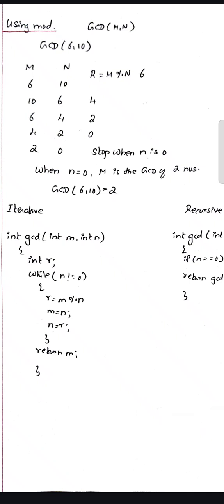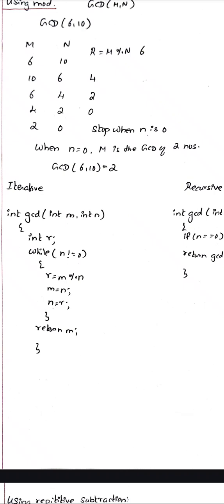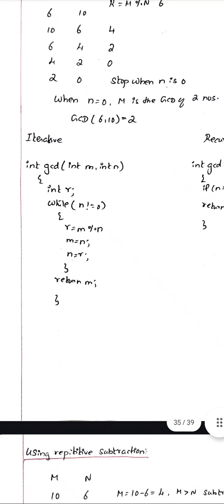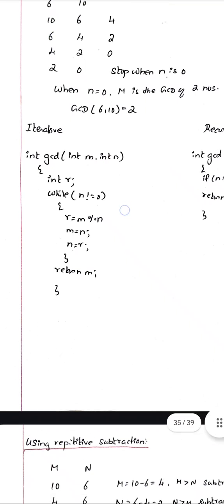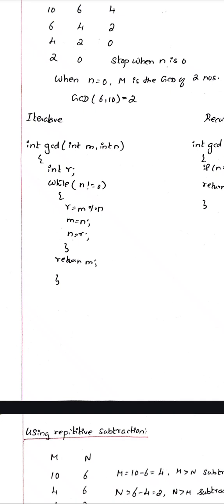What is m? The GCD of 6 and 10 equals 2. The iterative method for this is int GCD of int m, int n, int r. While n is not equal to 0, r equals m modulo n, m equals n, n equals r.